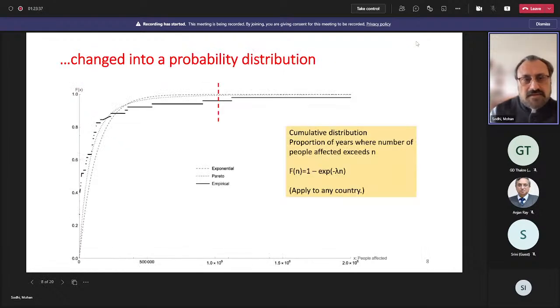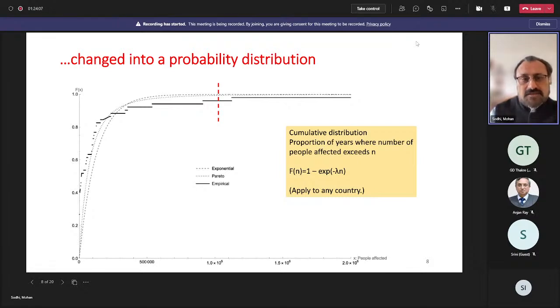In fact, if we take all that data and make it into a probability distribution, this is a cumulative probability distribution, so it goes from 0 all the way up to 1. If you pick any size n, say the number of people affected being more than 1 million, then that probability will keep shrinking as long as you pick a large number, but it doesn't go all the way to 0, obviously.